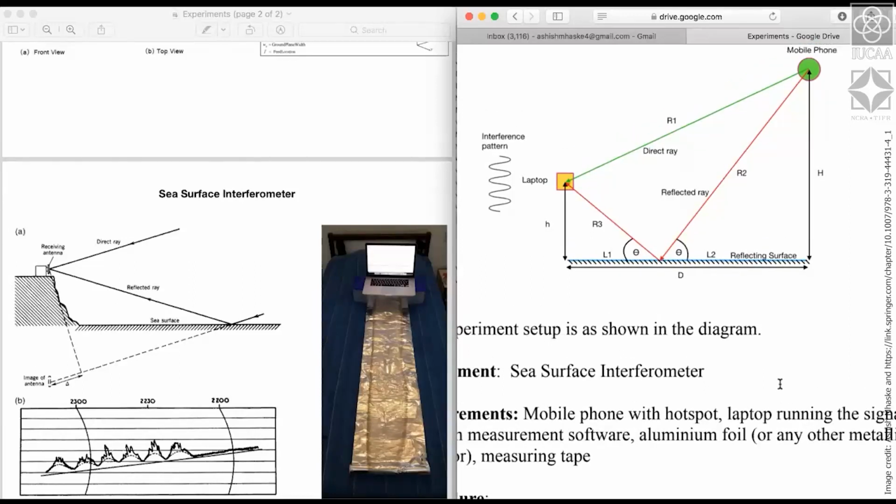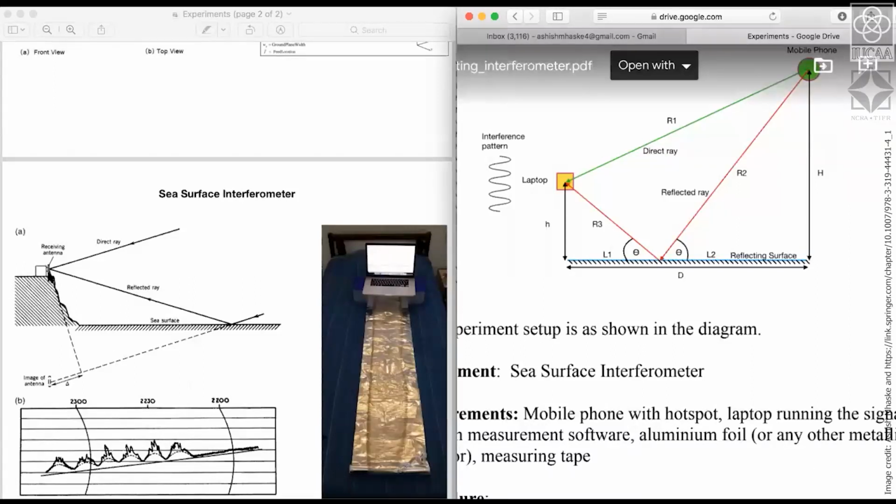This might make your calculations easy, except don't forget to account for this extra pi. If you don't, then all that will happen is your minima will become maxima and maxima will become minima in your calculation versus the actual observation. Then you can work out the path differences and see how the height changes that.